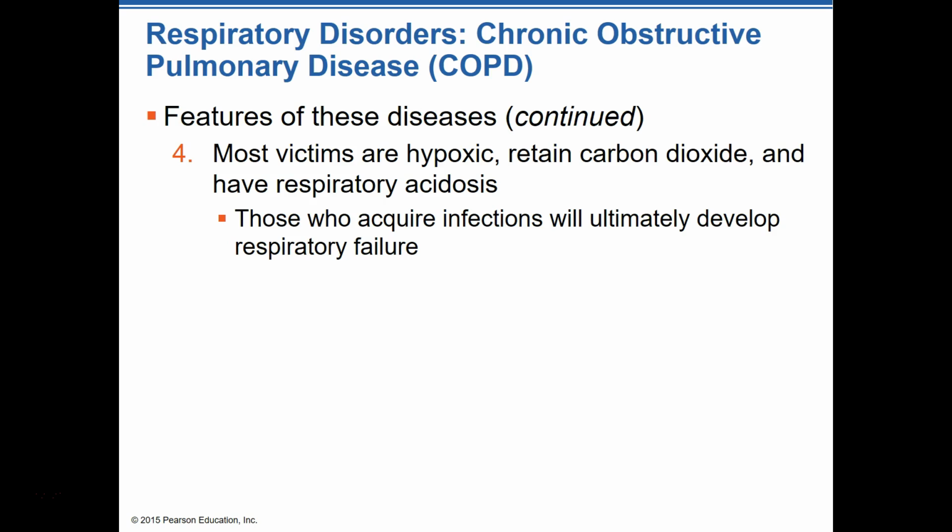So they rely heavily on what's called the hypoxic drive, that carbon dioxide drive. So we have to be cautious in the administration of high amounts of oxygen for long terms in COPD patients. But I'm going to tell you, if a patient needs oxygen, we give them oxygen. But we might need to think about the percentage or the concentration of oxygen that we give them over a long period of time.